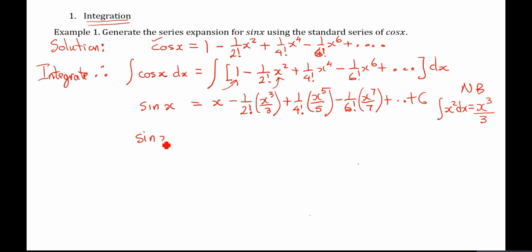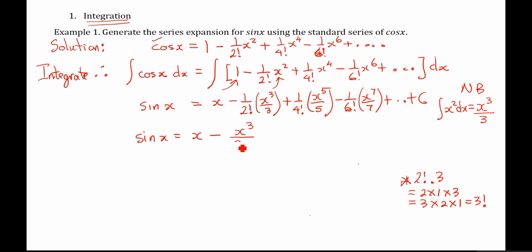I'll get sine of x is equal to, first term will be x minus x cubed divided by, well, let's have a look at 2 factorial times 3. 2 factorial multiplied by 3 is 2 times 1 times 3, just rearranging 3 times 2 times 1, which of course I can write as 3 factorial.